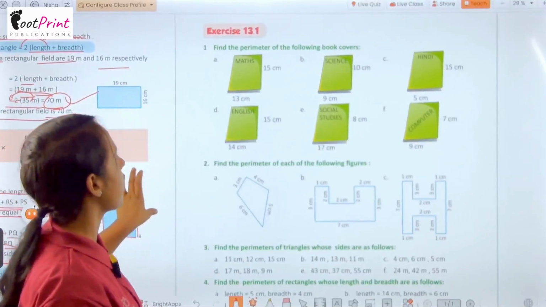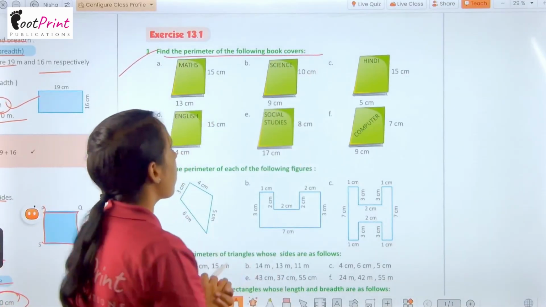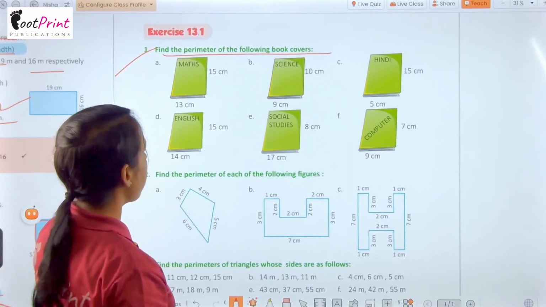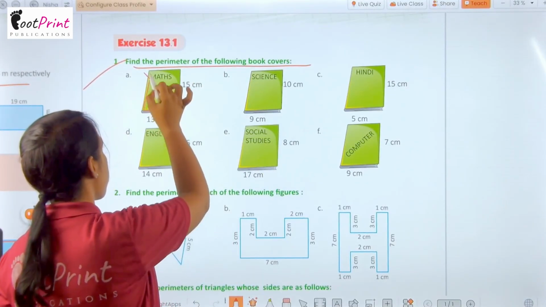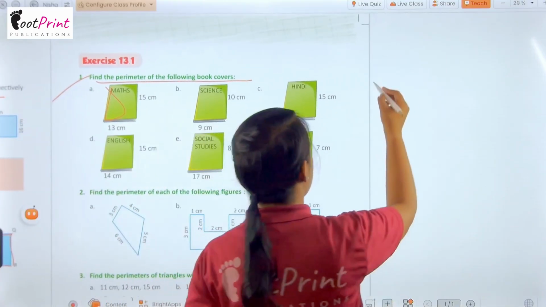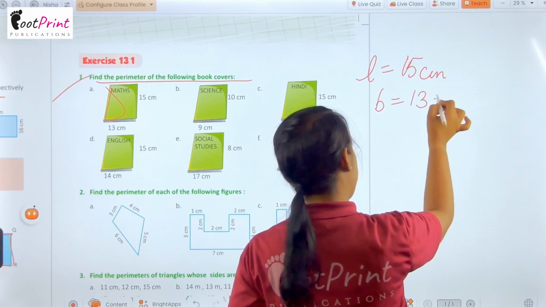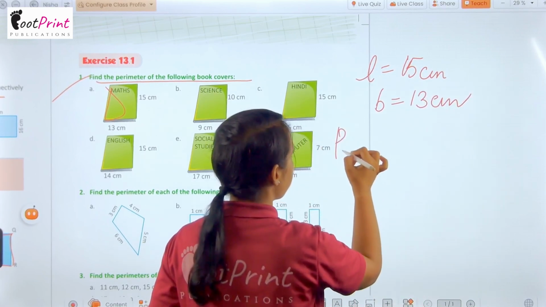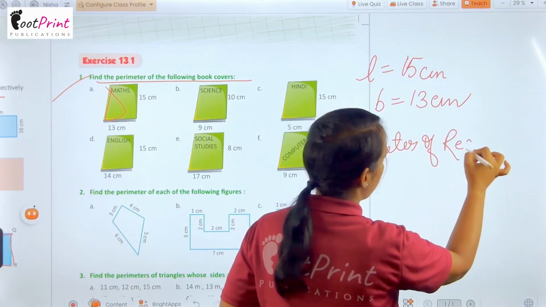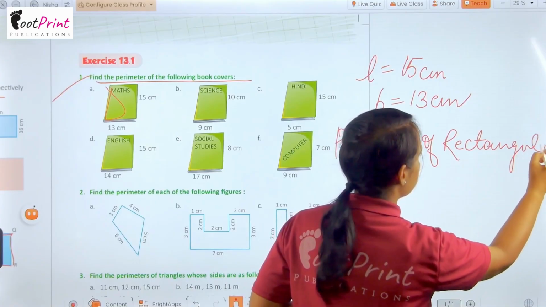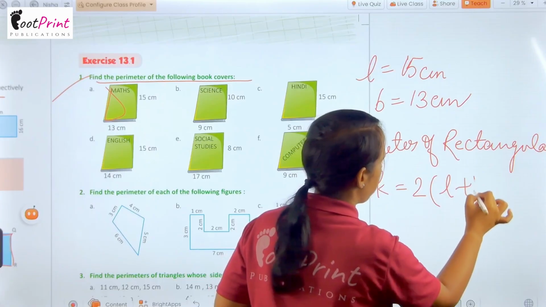Now we have exercise 13.1 on the basis of this. First one is find the perimeter of the following book covers. So here we have to find out the perimeter. So we can see this is the shape of rectangle, and here we can write length is 15 centimeter and breadth is 13 centimeter. So here we write perimeter of rectangular book equals to 2 bracket L plus B bracket close.